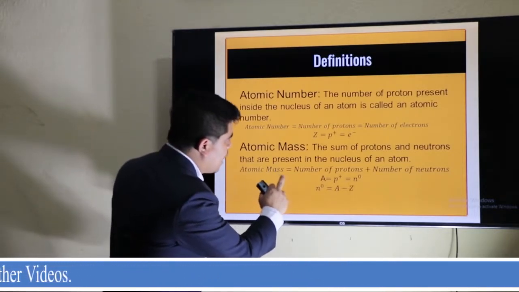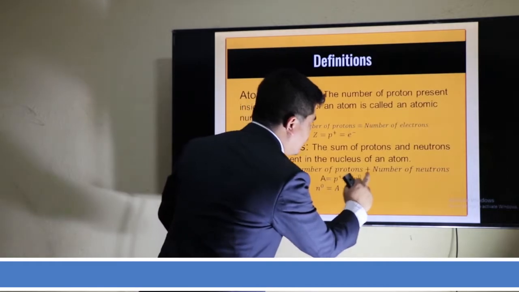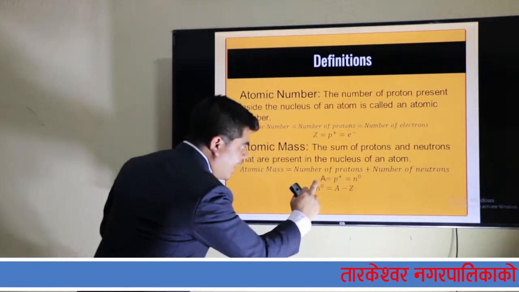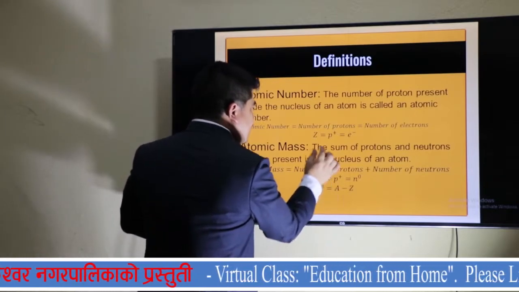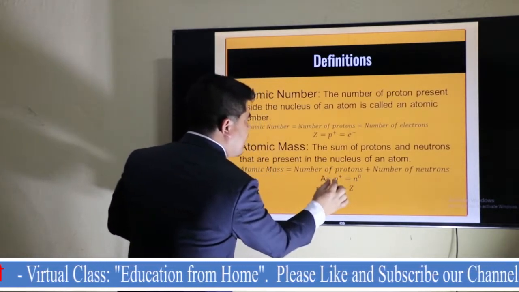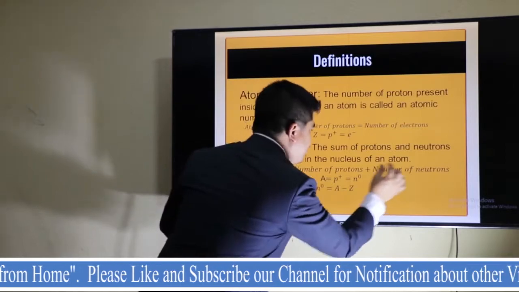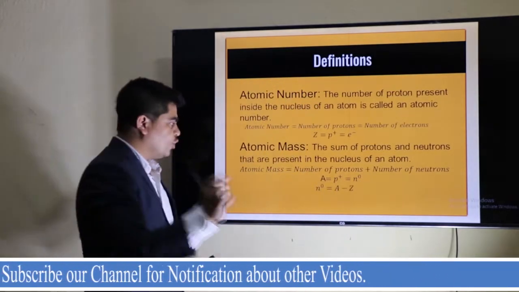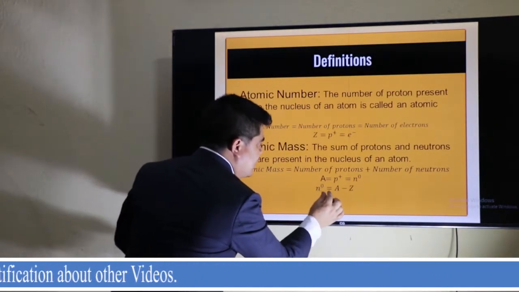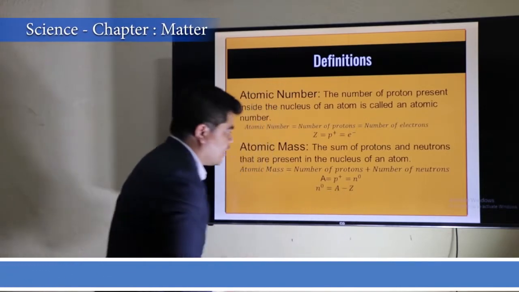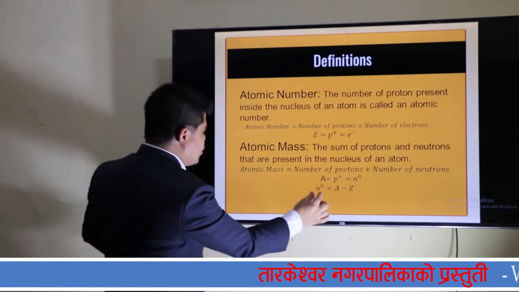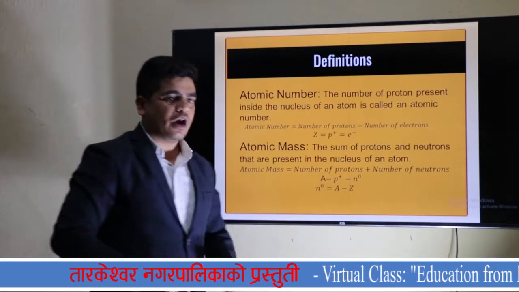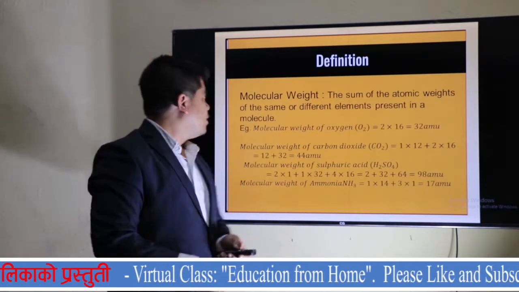Here atomic mass, symbolized as A, equals the number of protons plus the number of neutrons, where N0 is equal to A minus Z. If you want to find the number of protons, that is equal to the atomic mass minus the atomic number. So talking about the molecular weight.